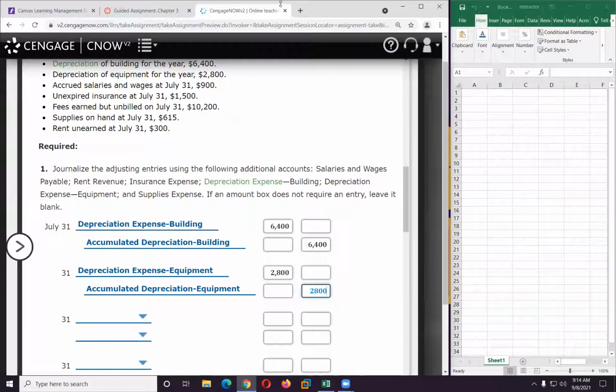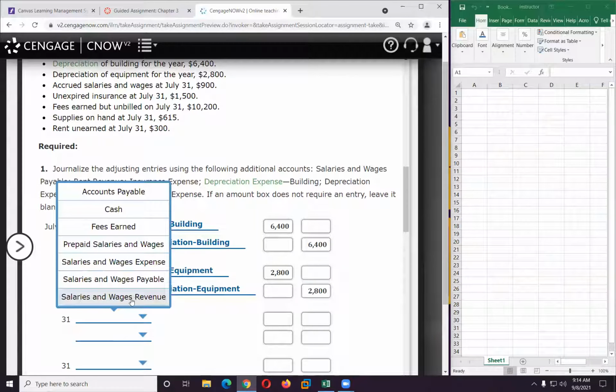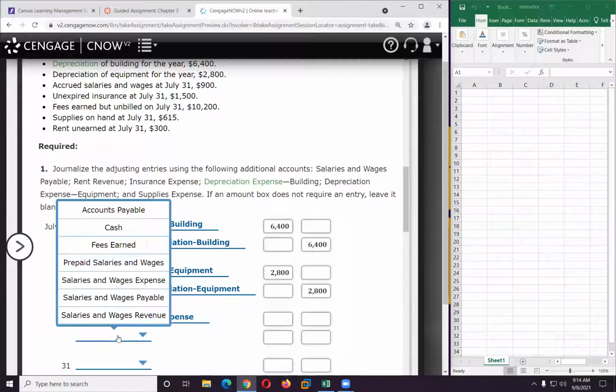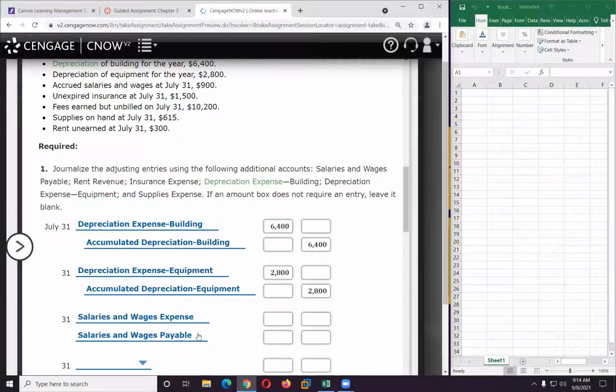So in this case, it tells us that amount is $900. So we're going to record this as an expense, salaries and wages expense, because that's an incurred expense. And then because we haven't yet paid it, we're going to record that as a salaries and wages payable. That's a liability account. So we're increasing the expense by 900, and we're increasing the payable by 900.